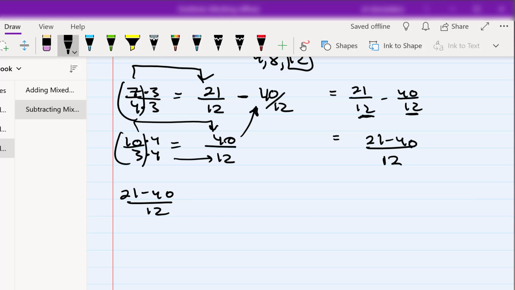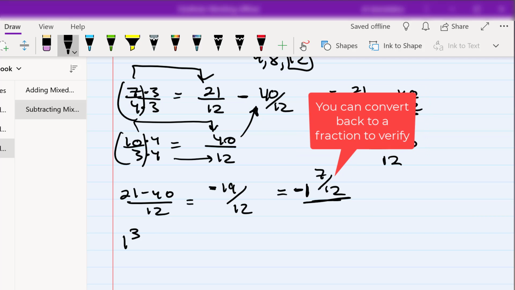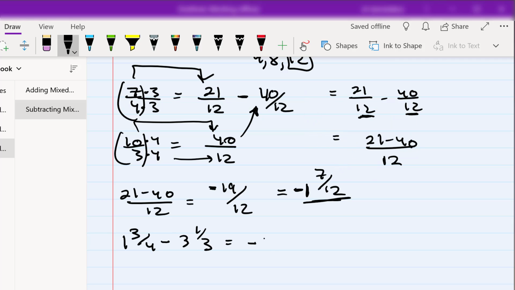So we have 21 minus 40 over 12. 21 minus 40 is minus 19 over 12. 12 goes into 19 once, with 7 twelfths left over, and it's negative. Therefore, we can say that 1 3/4 minus 3 1/3 is minus 1 7/12.